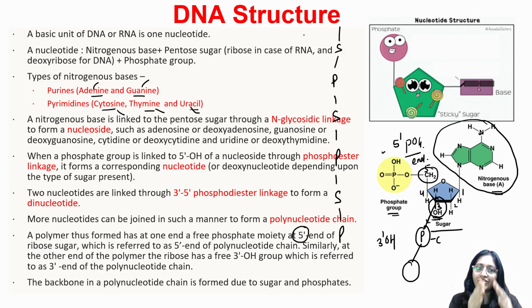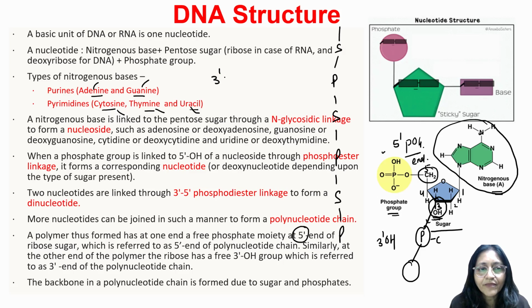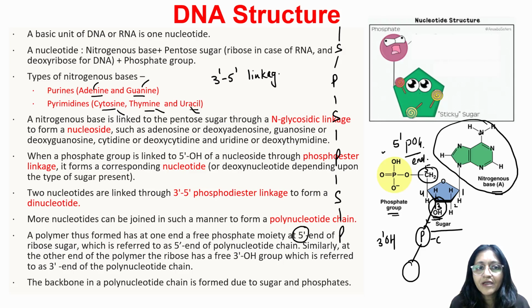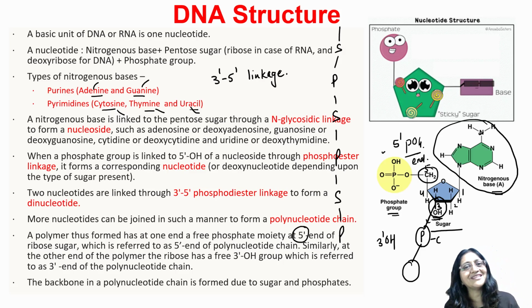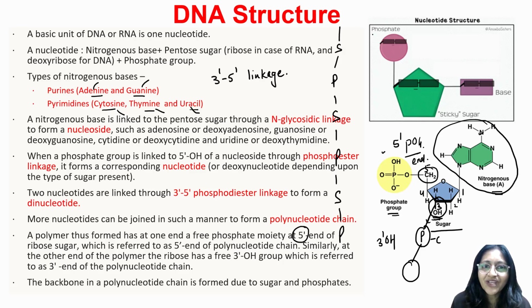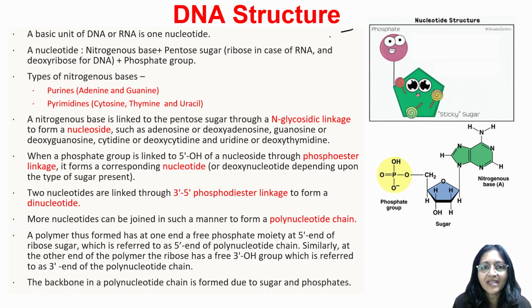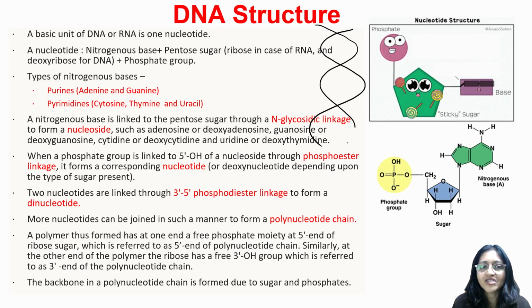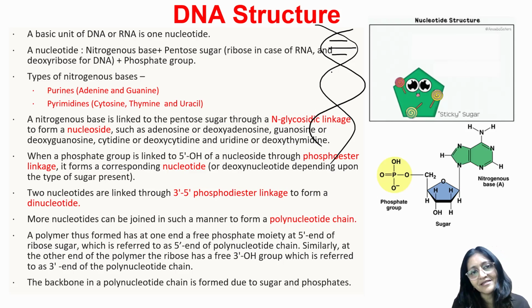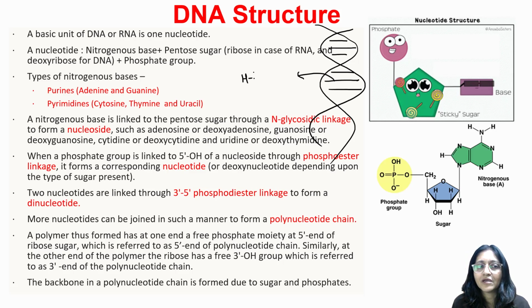So a 3', 5' linkage will be formed in order to make the DNA structure. You will have two chains like this, which will twist together to form a helical structure, and these nitrogenous bases at the center will be joined with weak hydrogen bonds.